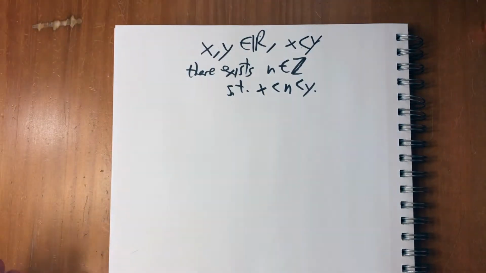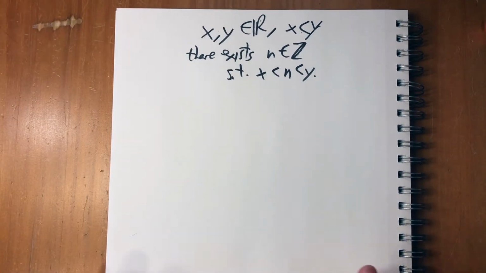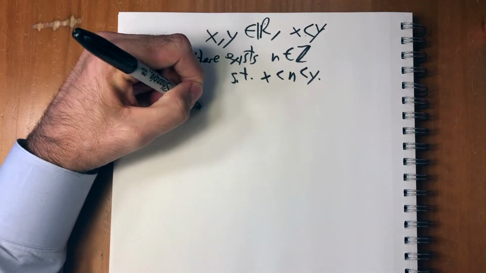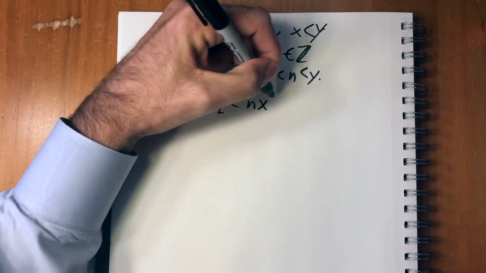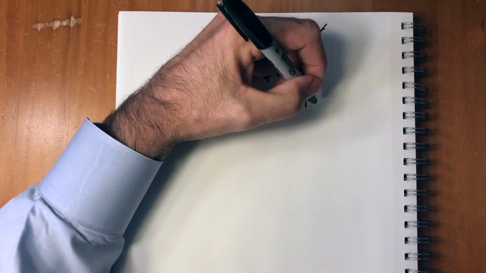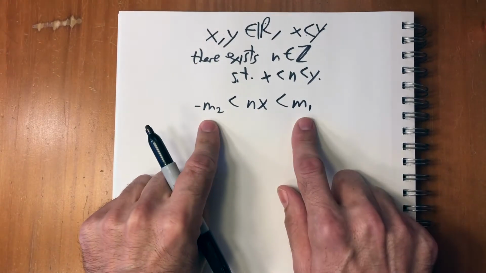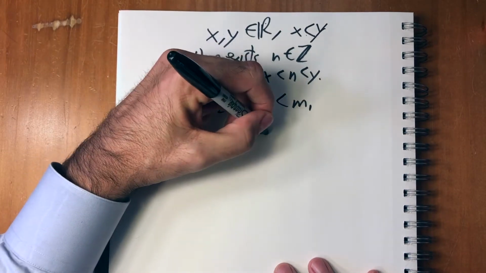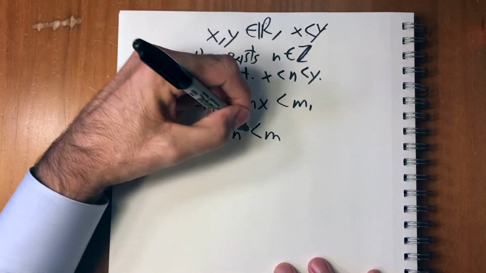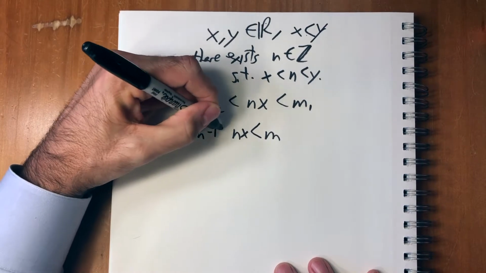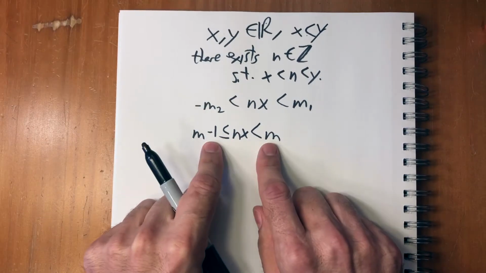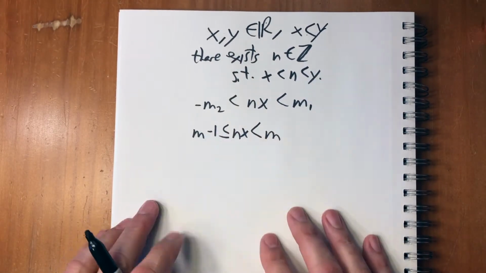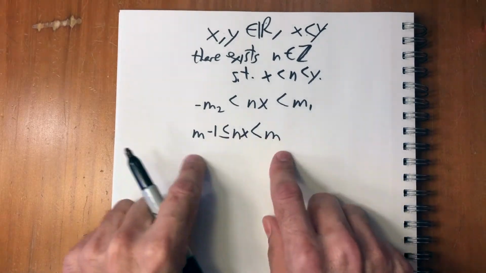He just assumes something that you can't actually assume at all, and we certainly can't assume from what we've learned so far, which is that he got to a point where he had two integers, m2 is less than nx is less than m1, and then he claimed that if this is true, then there exists an m such that m and m minus 1, which are integers one apart, have nx between them. And this is what he didn't show at all.